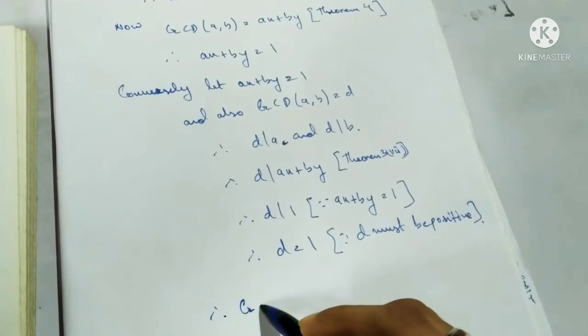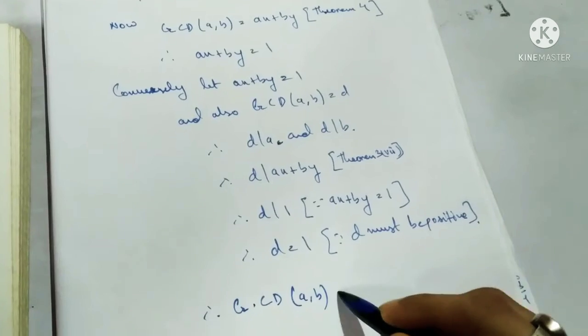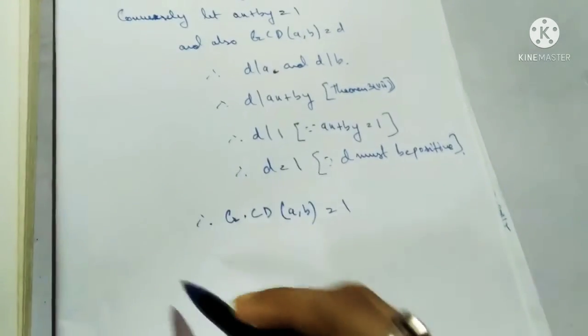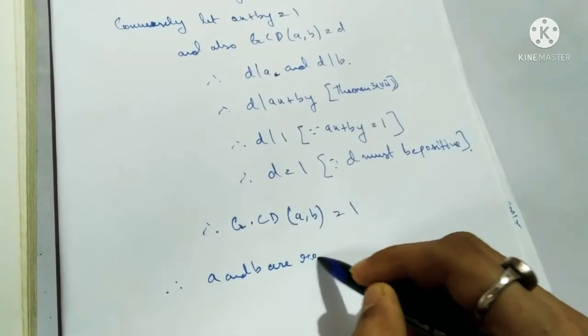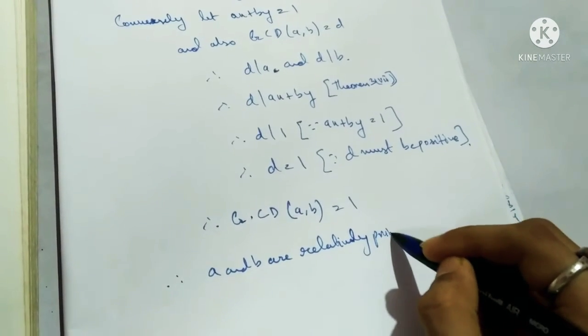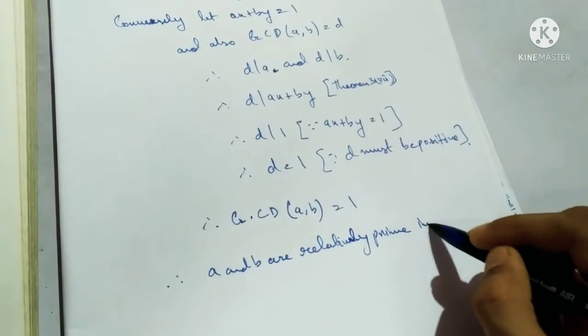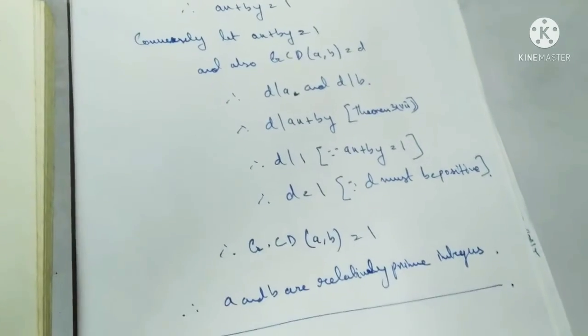So therefore GCD of A, B is equal to 1. So therefore, I can say that A and B are relatively prime integers. That one only, finished.